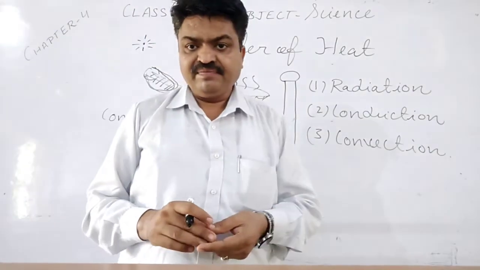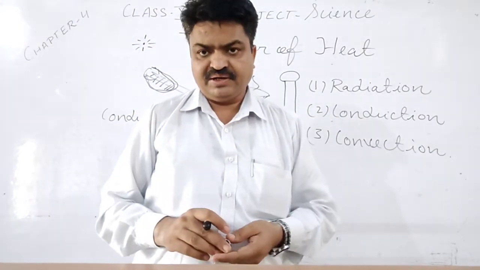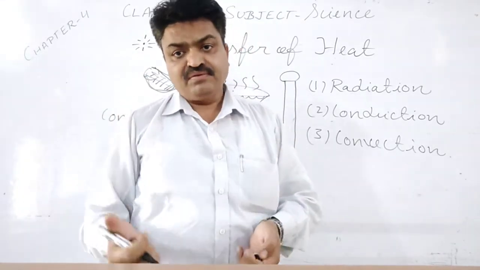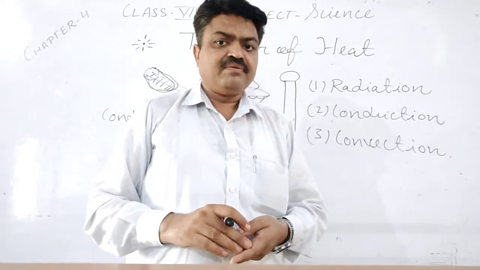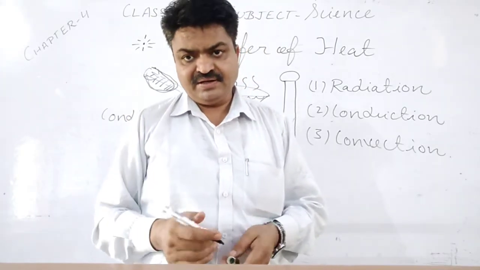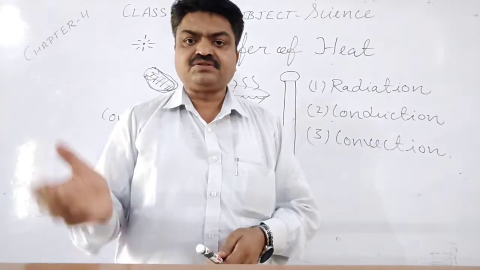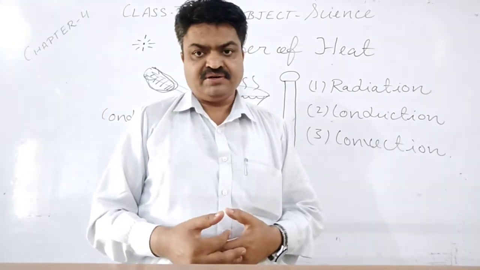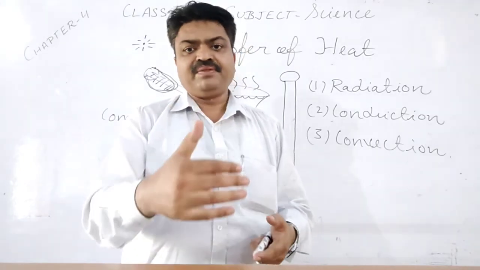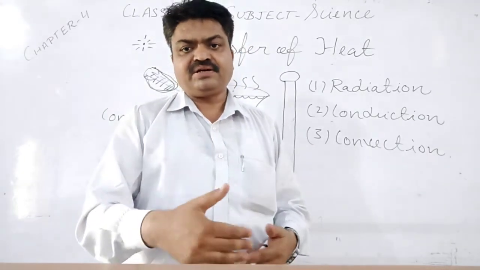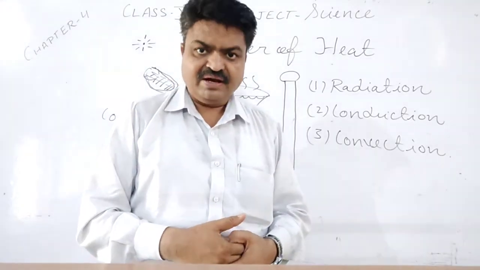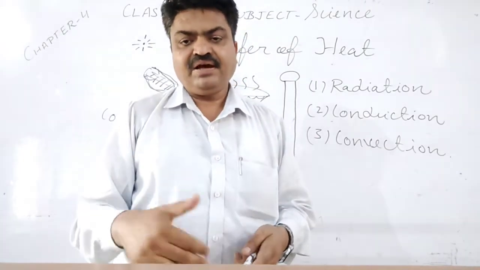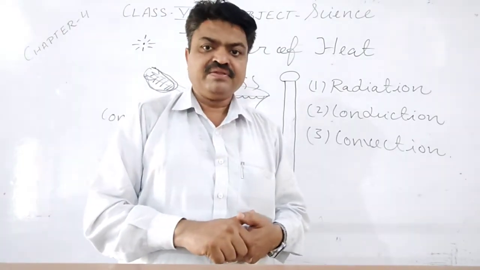So we can say that there are two types of material in our surroundings. Some pass the heat energy and some do not. The objects that do not pass the heat energy are known as insulators of heat, according to conduction, students. The objects that can pass the heat energy are known as conductors, and the objects that do not pass the heat energy are known as insulators.